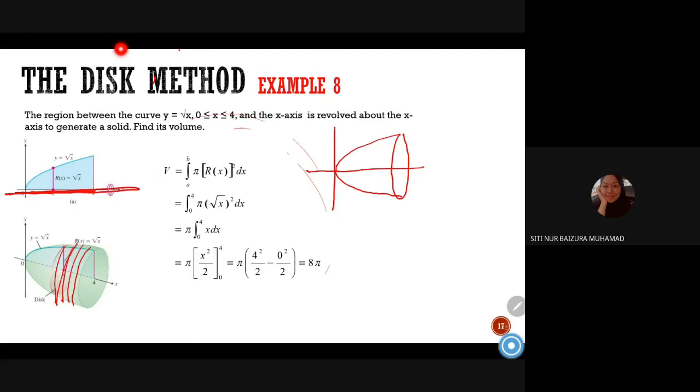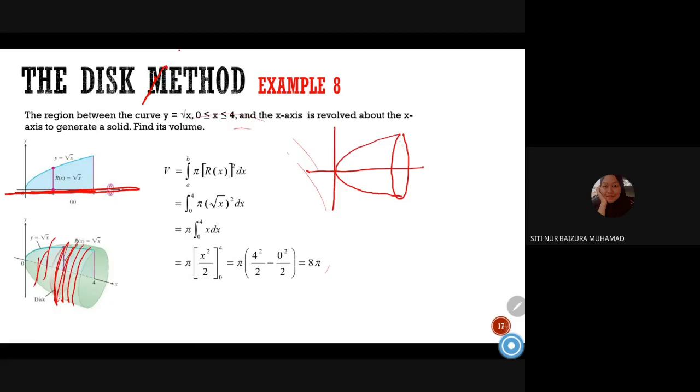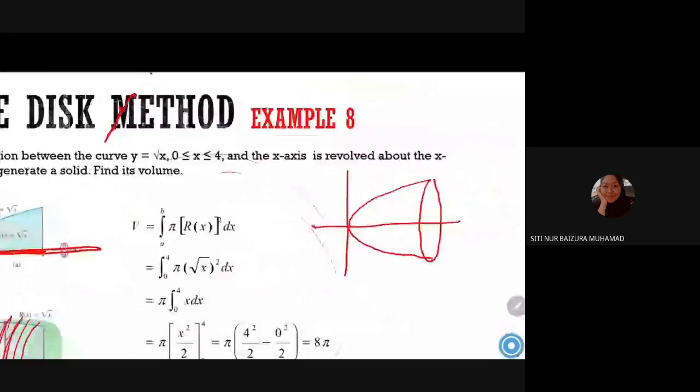Kalau sebelum ni, kita chop dia macam ni. But now, using cylindrical shell method, we regard this as a shell. So maknanya, kita consider dia, okay, as the shell of a cylinder. So, maksudnya macam ni.